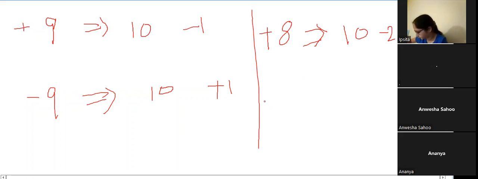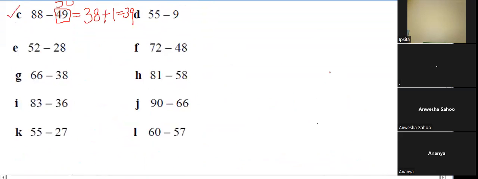But now if you want to subtract 8, we will subtract 10 and finally add that 2. In place of 8, we are subtracting 10, which means we are subtracting 2 extra. That is why we have to give back that 2.